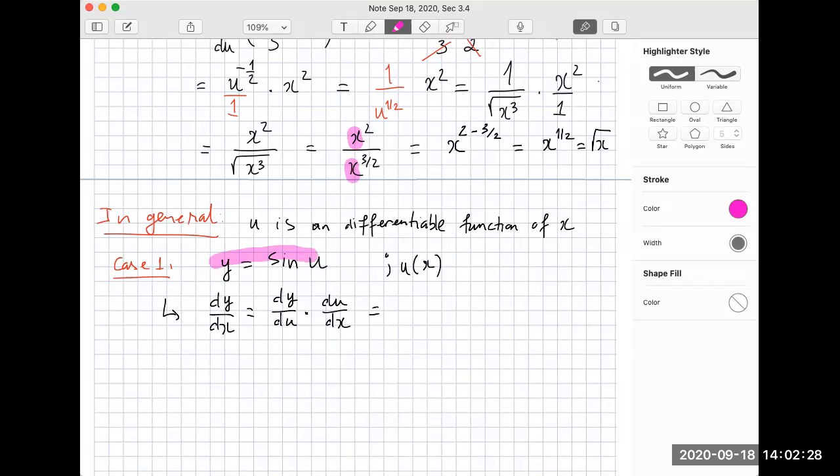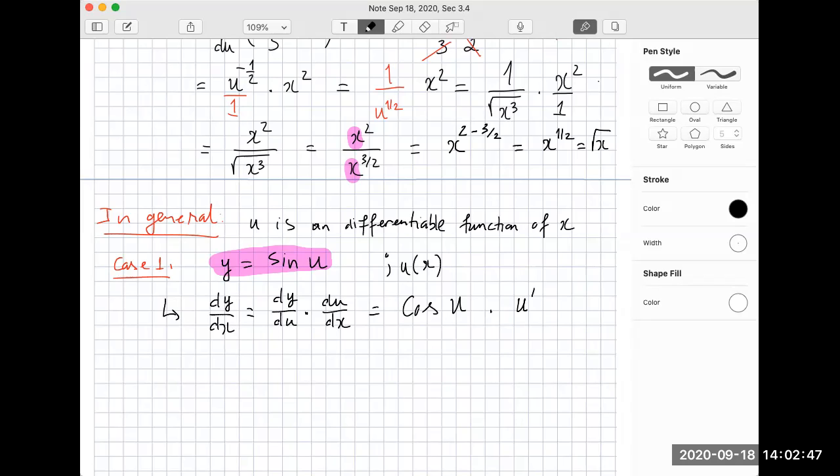Y is this guy, right? Yes. It would be cosine of u and then multiply with du over dx, which is u prime, right?